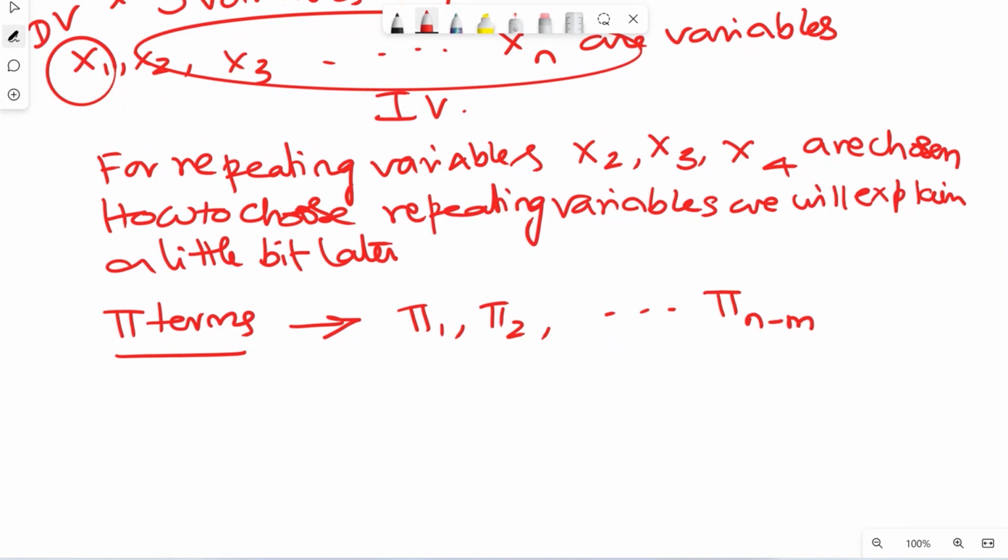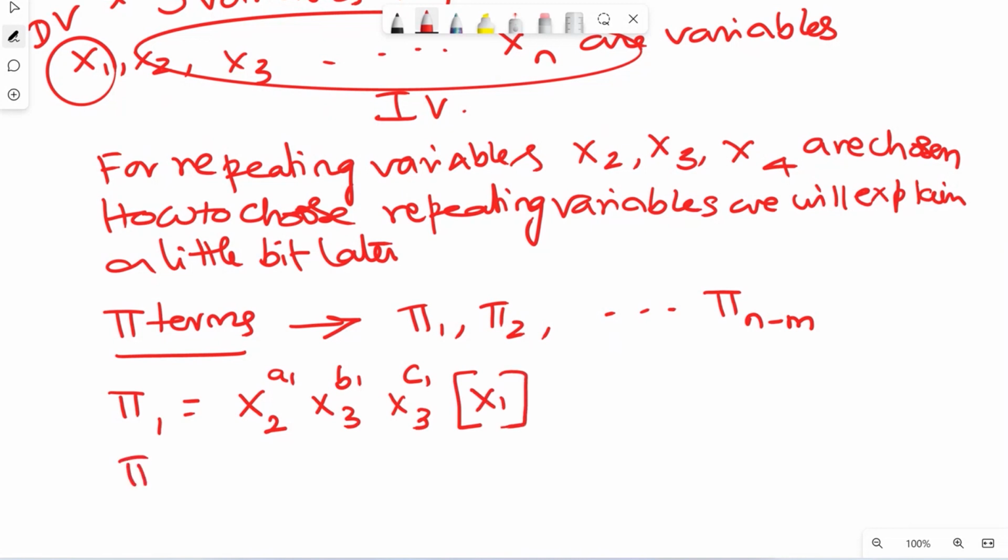In that, each pi term, pi 1 can be written as x2 to the power of a1, x3 to the power of b1, x4 to the power of c1 into the remaining variable. Pi 2 is equal to x2 to the power of a2, x3 to the power of b2, x4 to the power of c2 into the remaining variable, suppose x5.